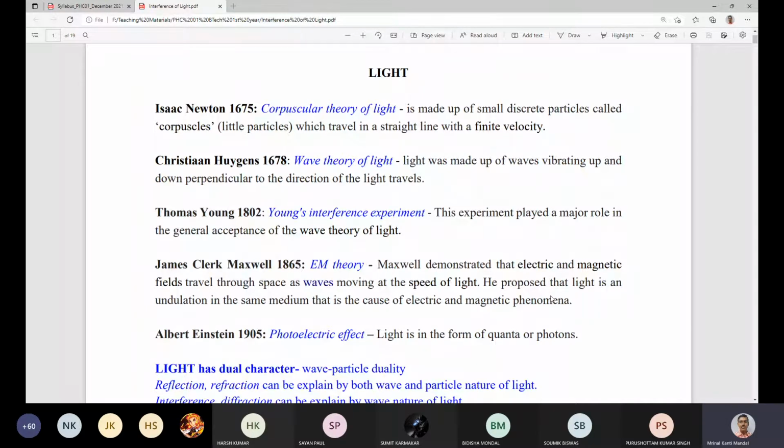There was a group, some percent of the scientific community, who believed that it may be in the form of a wave, and the wave theory may be true. But the majority of the scientific community could not accept this wave theory.